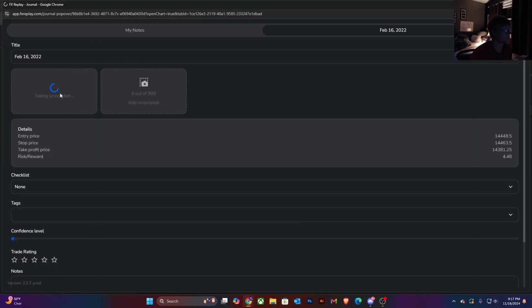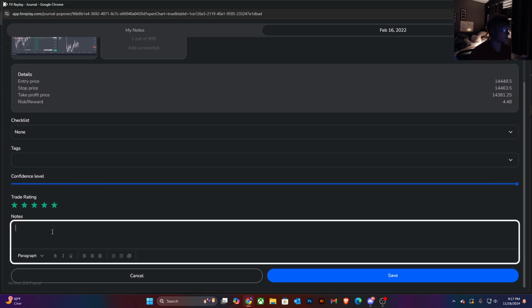Let's journal up. Pretty high confidence. Notes, delivery from premium of internal range, rejection of 1 hour bearish breaker area, higher time frame bearish to daily sell side, 1 minute version entry.